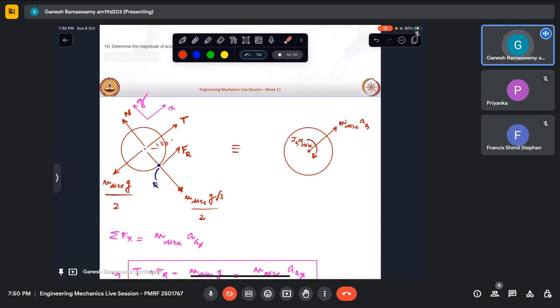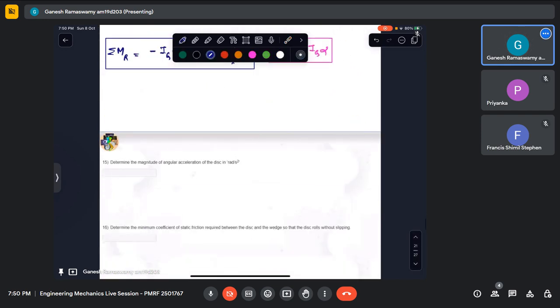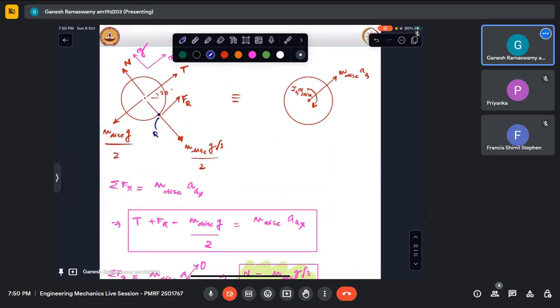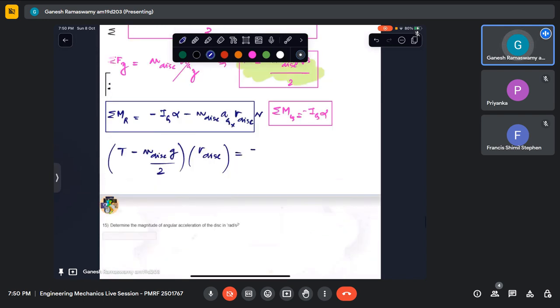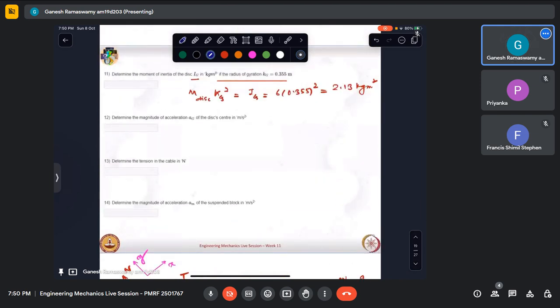So T minus mg into the radius of the disk, into R disk, equals minus what was Ig? We calculated Ig as 0.6 into 0.355.